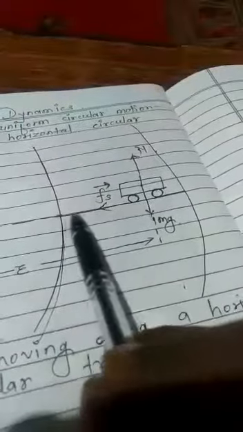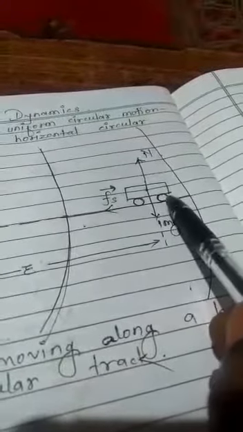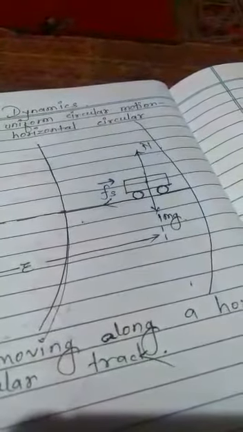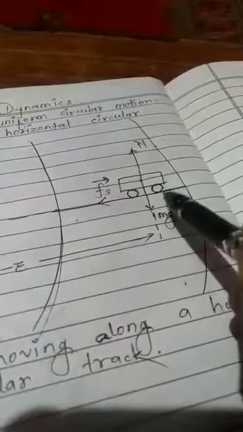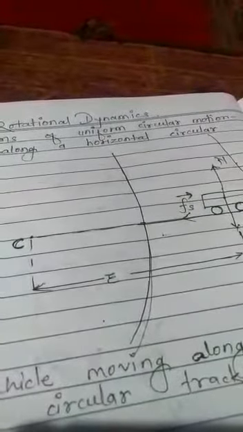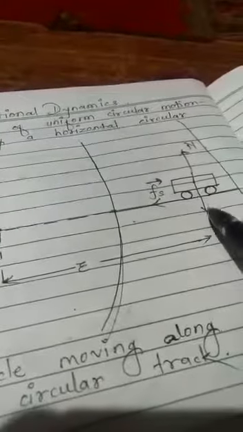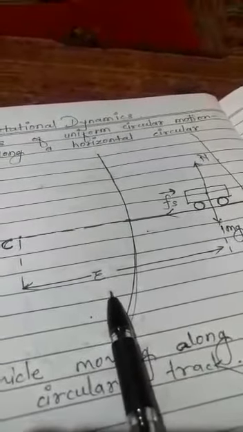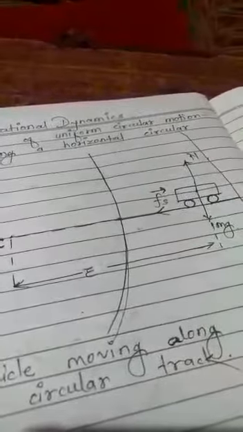Suppose a vehicle or a car is moving along this circular track, and this is the center of this circular track, and the vehicle is at distance r from the center of the circular track, or we can say that this small r is the radius of the circular track.